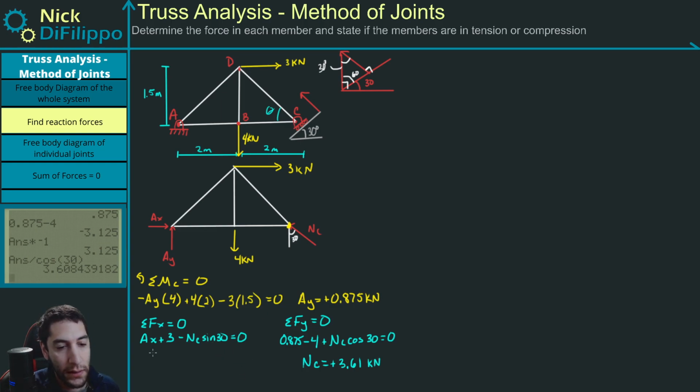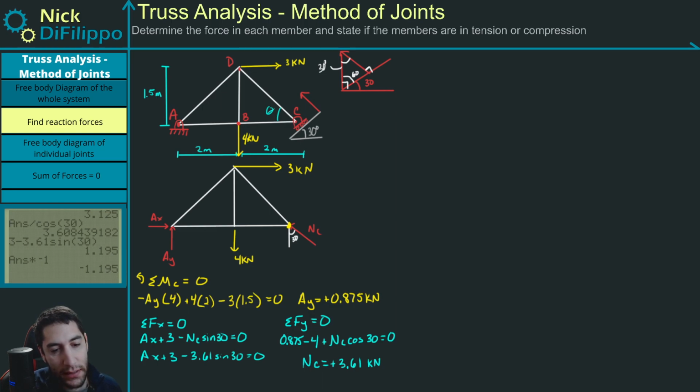And when I do, I get AX plus 3 minus 3.61 times the sine of 30 is equal to 0. Let's do that. 3 minus 3.61 sine of 30. Multiply it by minus 1.